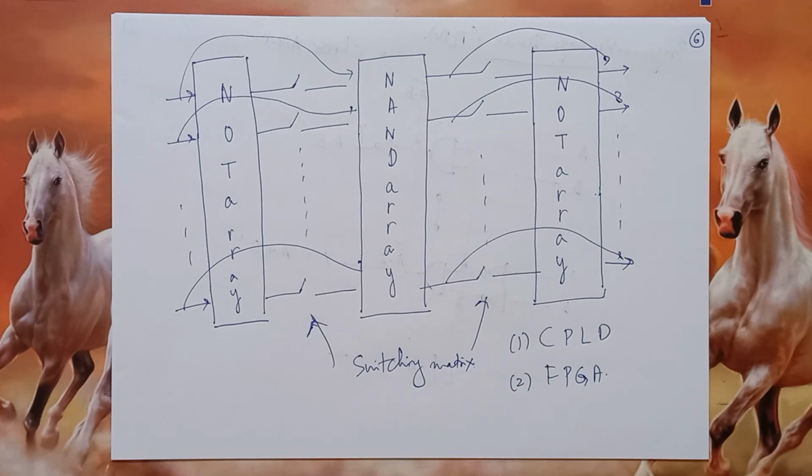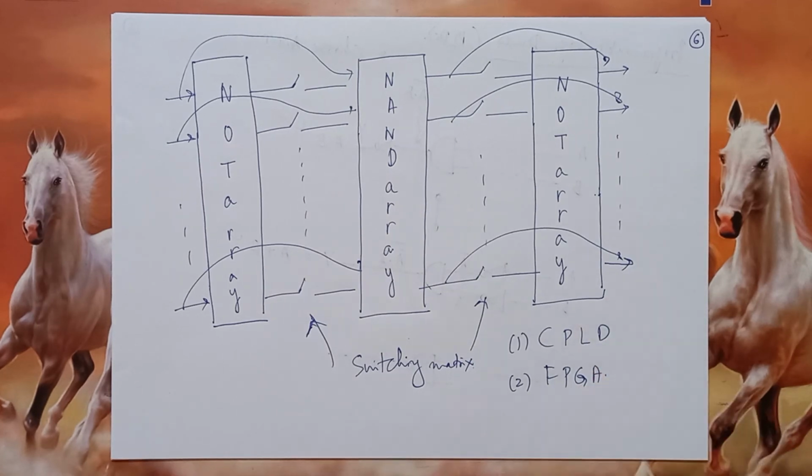CPLDs, one of their advantages is that they can retain the connections for as long as you want them to, even when you switch off the power. But FPGAs cannot retain the connections once you switch off the power. But FPGAs are faster, CPLDs are slower.